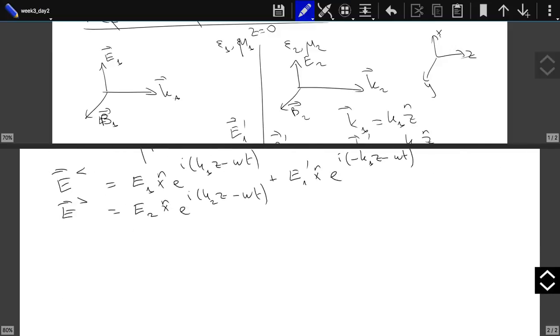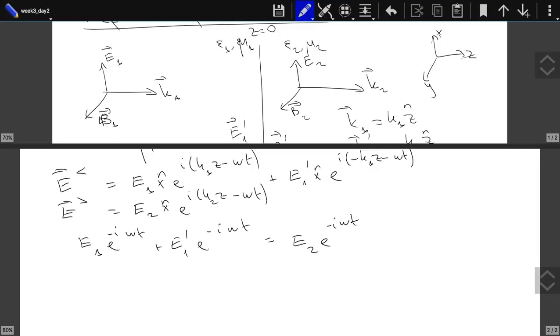So that condition tells me that E1 e to the power i k1z, calculating it at z equals 0, so k1z is automatically 0, minus i omega t, plus E1 prime e to the power minus i omega t, should be equal to E2 times e to the power minus i omega t.